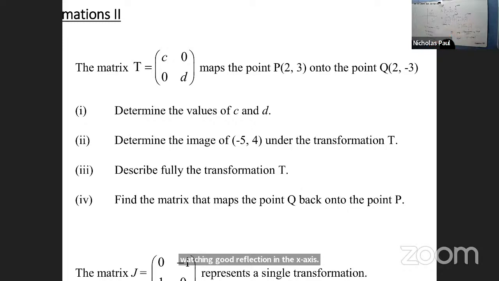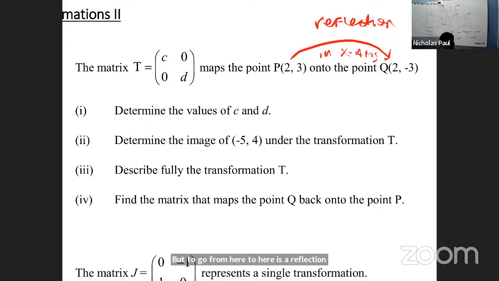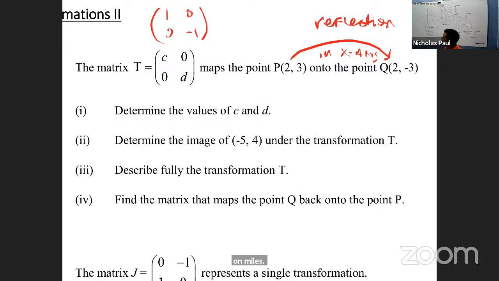So by just learning the transformations, you would have recognized that to go from here to here is a reflection in the x-axis. So the answer is what? 1, 0, 0, -1. So if you learn it, you can do it like that.